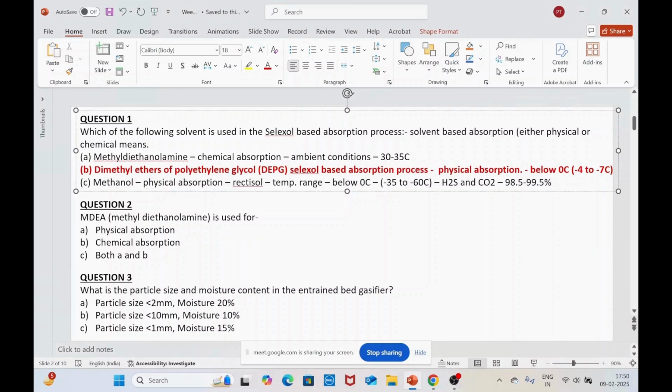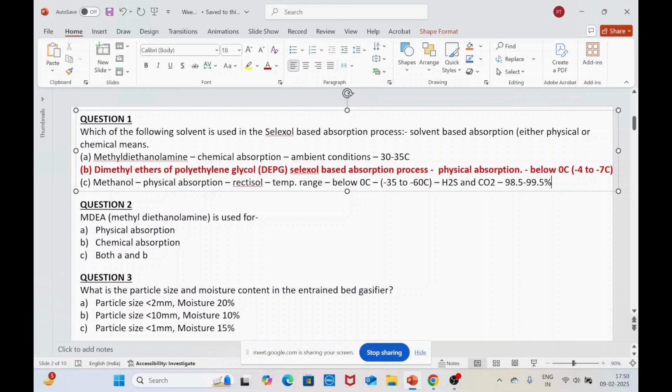In case of methyl diethanol amine, yes, the H2S selectivity will be more compared to CO2, but the CO2 percentage is only around 30. But in case of Rectisol, both H2S as well as CO2 are between 98.5 and 99.5 percent. So yes, this is about the solvent based absorption process.